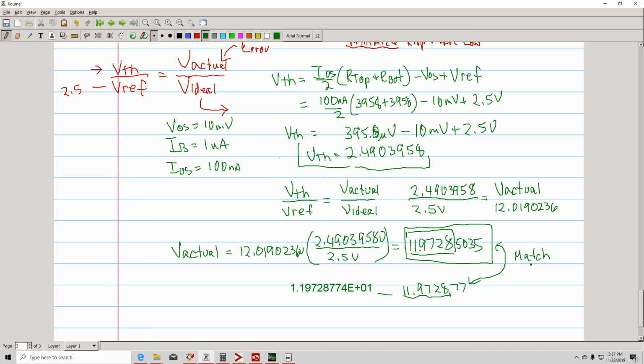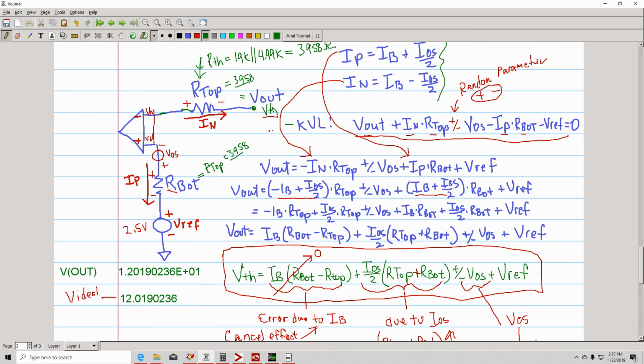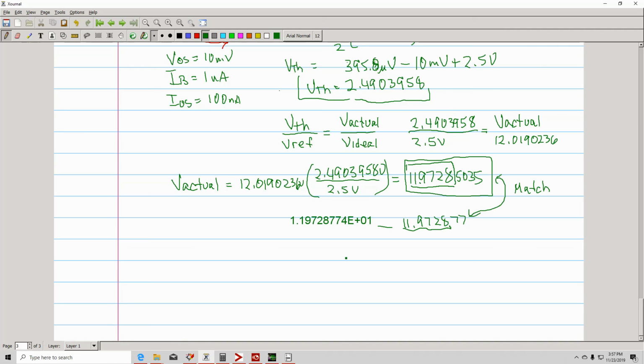Okay, so anyway, that's how you can characterize your power supplies. This is especially more important as you use higher voltages, especially if you have voltages in the thousands, thousands of volts, from, let's say, 1 kV, 10 kV.